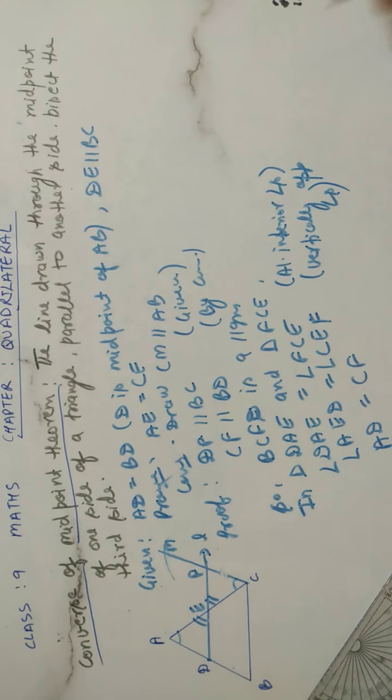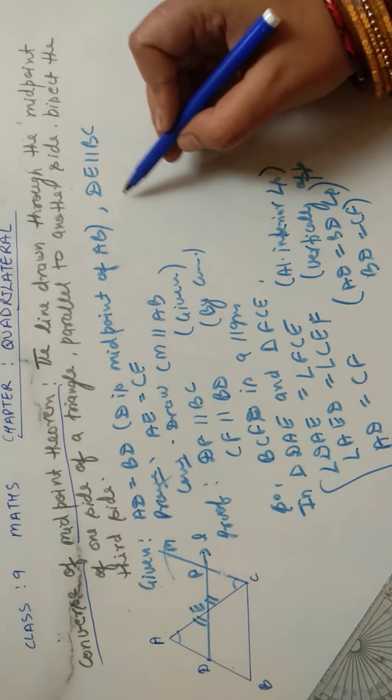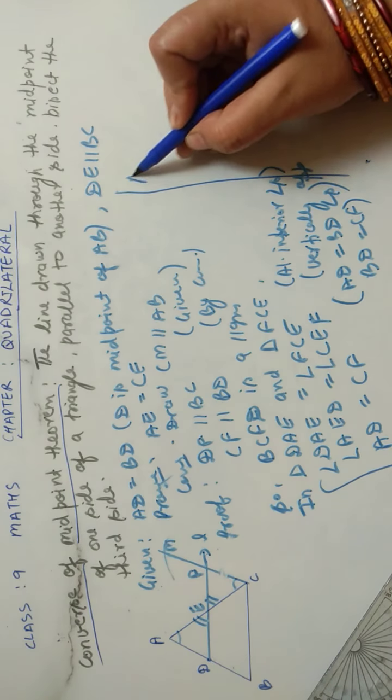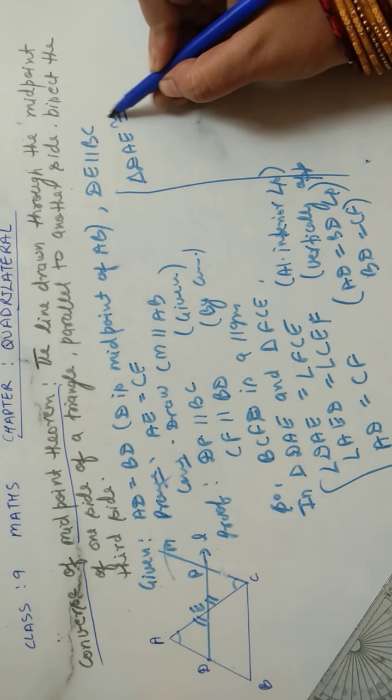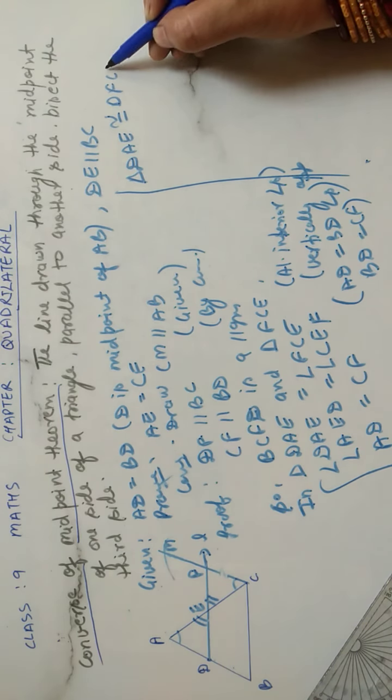Now you will ask why AD is equal to CF. Because AD is equal to BD, and BD is equal to CF, so AD is equal to CF. So by these three you can say that triangle DAE is congruent to triangle FCE.